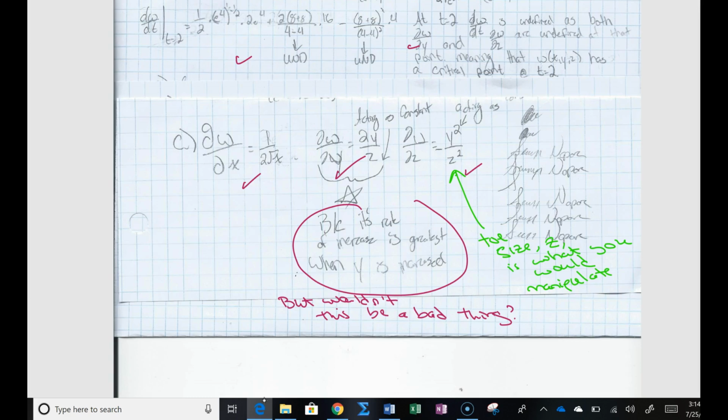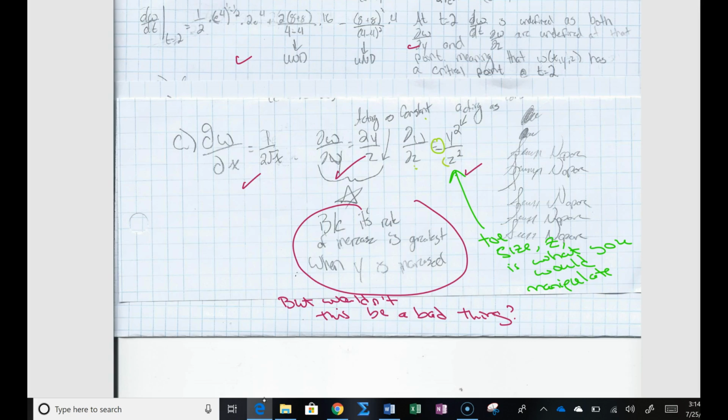You said because this rate of increase is greatest. Well, if this rate of increase is greatest, isn't that a bad thing? First of all, it's the rate of increase. So no matter what you do, how you manipulate Y, you're going to be increasing the number of warts. However, if you look at this dW by dZ, especially this negative right here, the warts will start to decrease with the increase of your toe size.